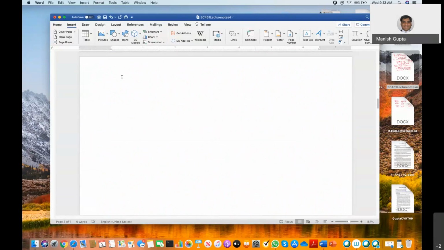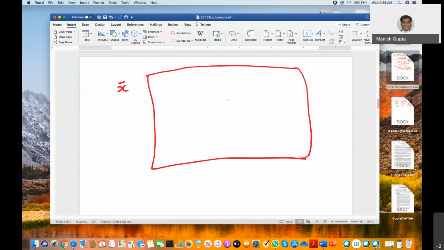Here is our whole space, and suppose this is our C. X is a vector here.